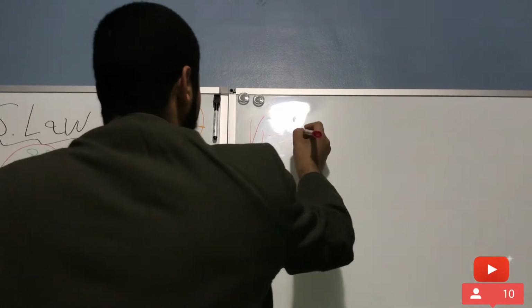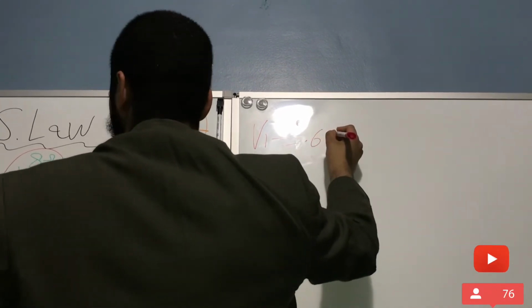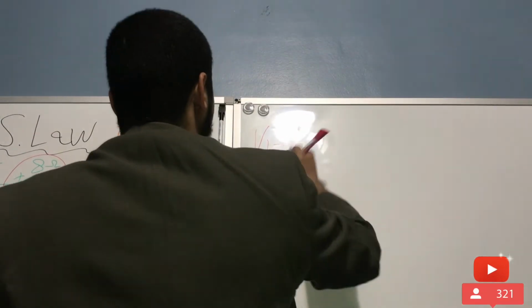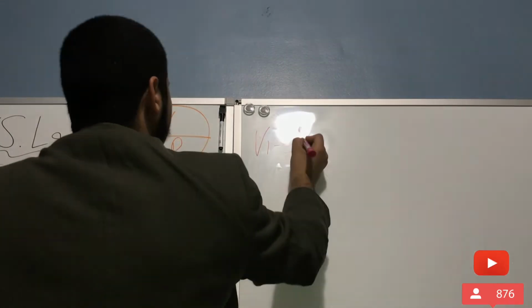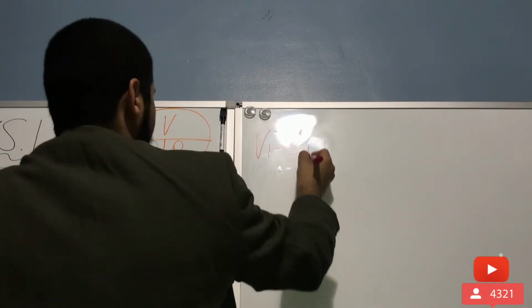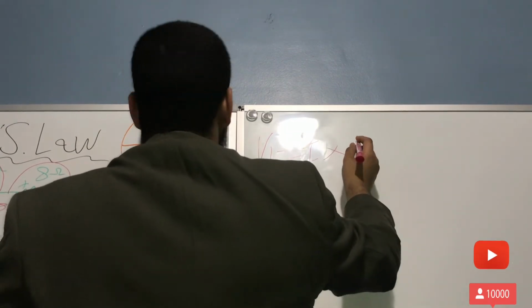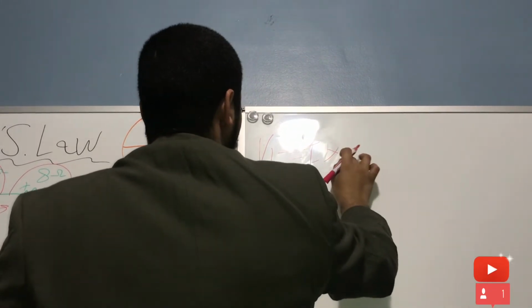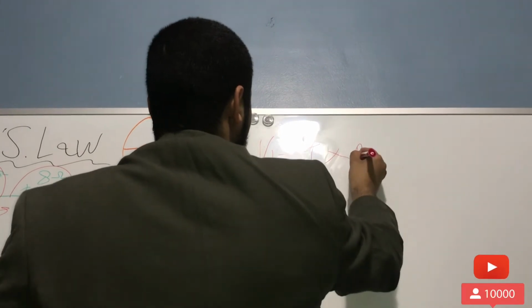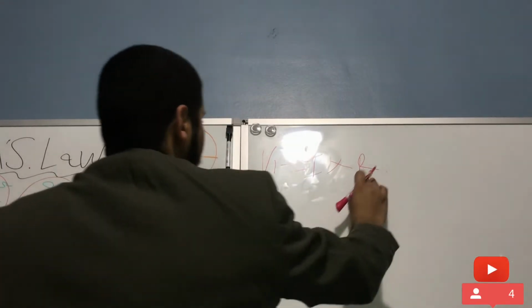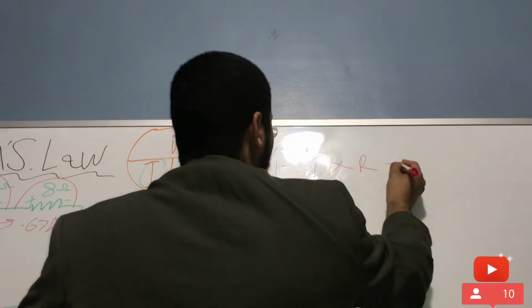V1 equals... let me give you the formula first. To find V1, you put the current times resistor. Current times resistor, you find it.